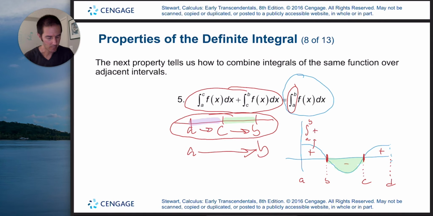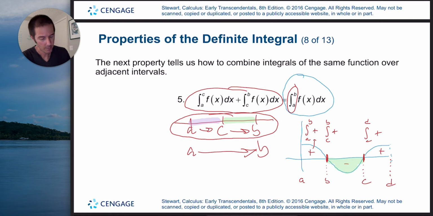And then, if you integrated from b to c, you would end up getting a negative area. So instead of integrating from b to c, you could integrate from c to b, and that would take this negative area and make it positive also. And then you would integrate finally from c to d, which we know is going to give you a positive area because that curve is above the x-axis.